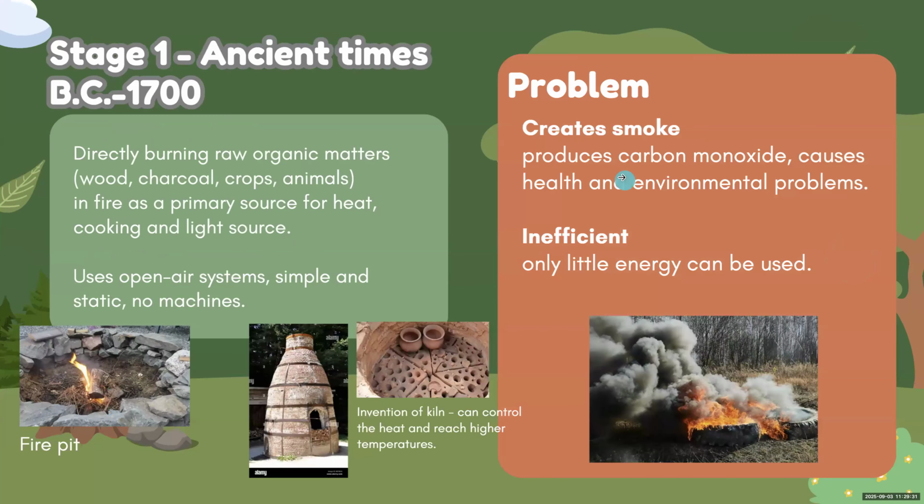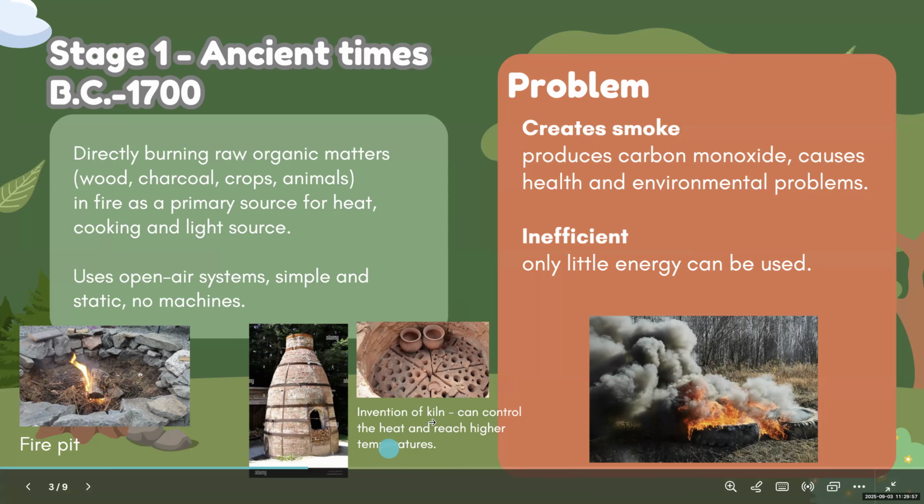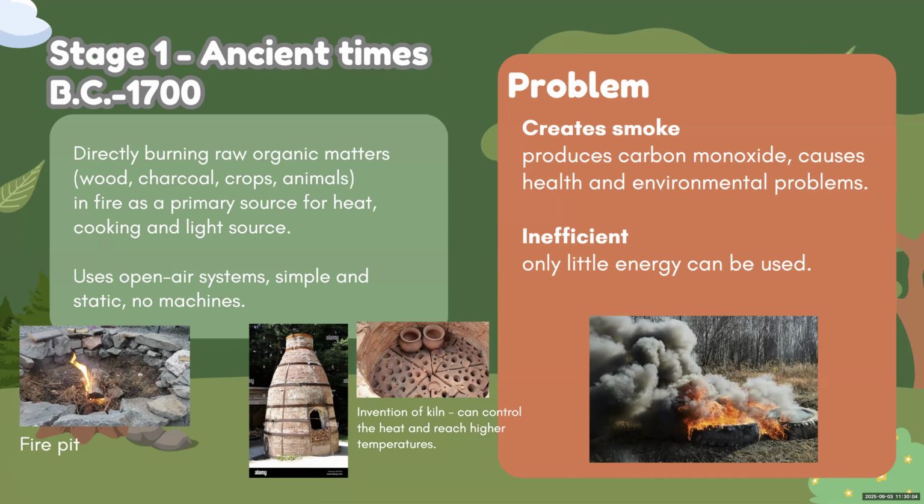And the first stage is the ancient times. It's just directly burning raw organic matter like wood, crops, or animal waste in fire as a primary source for heat, cooking, and light. It uses open air systems, simple and static, still no machines, but later they invented a clay stove, which can help them control the heat and reach higher temperatures, but still simple.